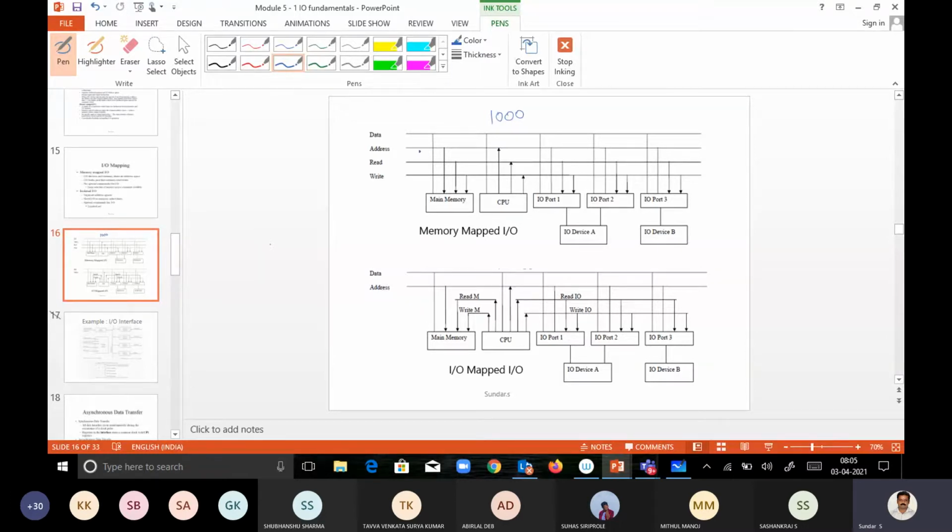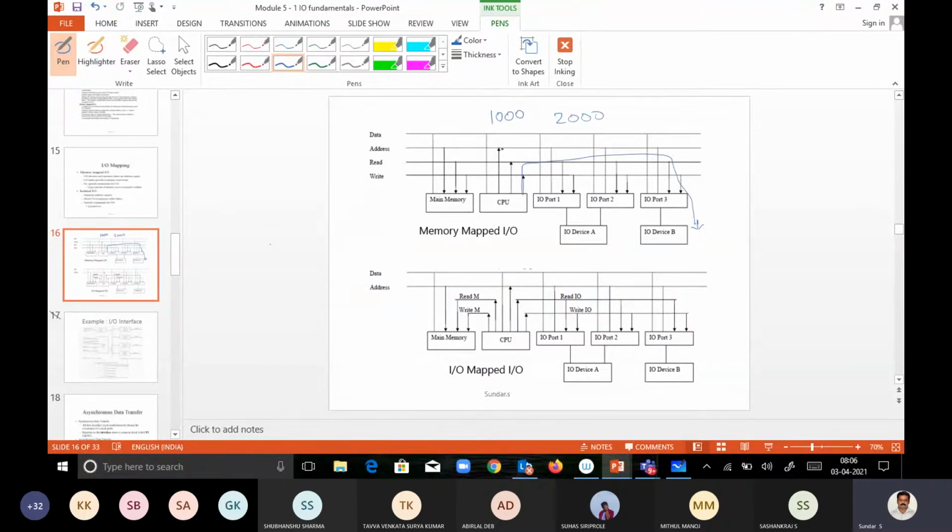This 1000 is available throughout the address bus, but the 1000 will not go to memory because in our example it is allotted to one of the devices, say for example, this device. So the device can be accessed. The CPU can access the device because that address is 1000. Suppose it sends 2000, then the CPU can access the memory.